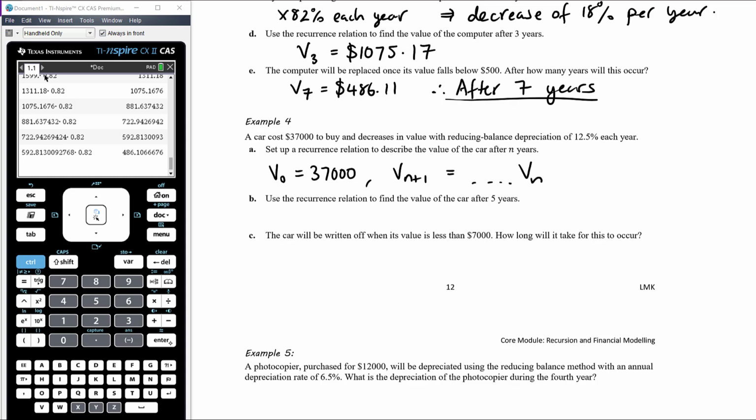So we need the multiplying factor that would be about reducing by 12.5%. Now I know that 12.5%, 100% minus 12.5% means that I'm left with 87.5% each year. So I'm finding 0.875 of the previous year. Remember, percent per 100 divide by 100, so 0.875.